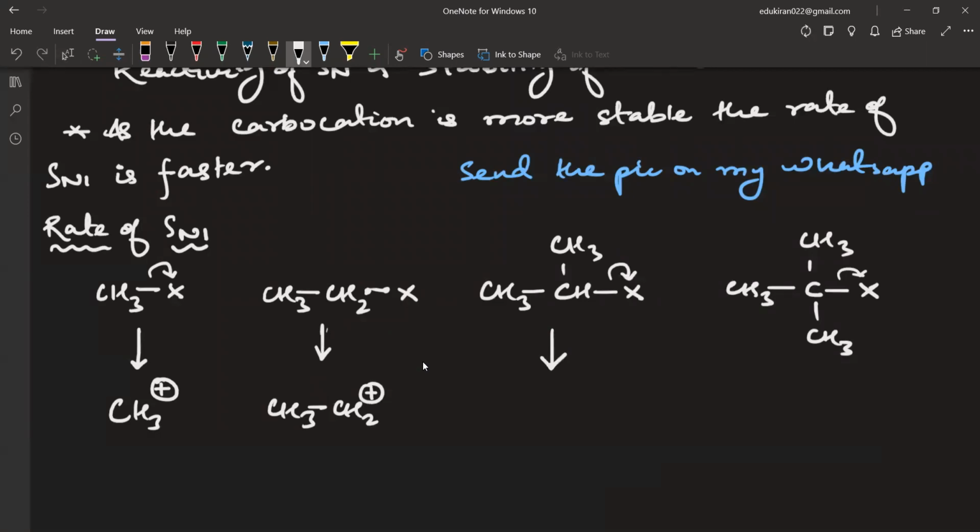Just need to draw the same thing, except the X and the bond, and add a positive charge. Fahad Aziz, can you please send me whatever you have done?